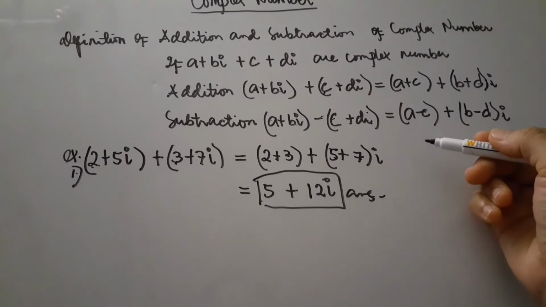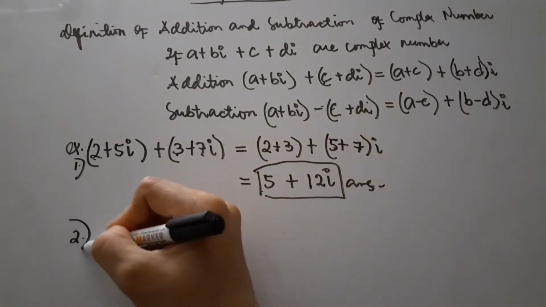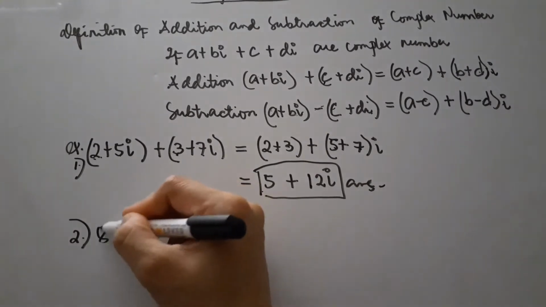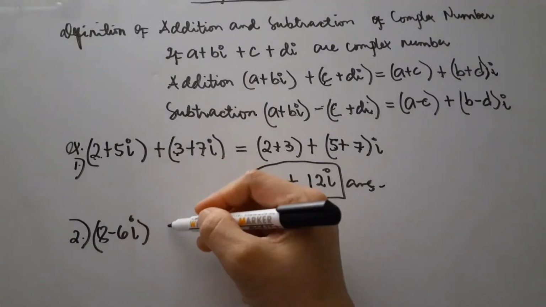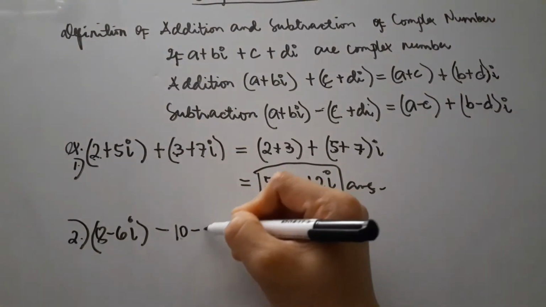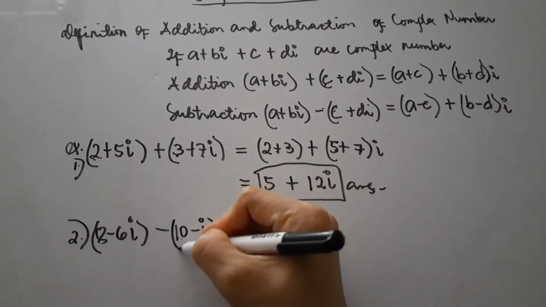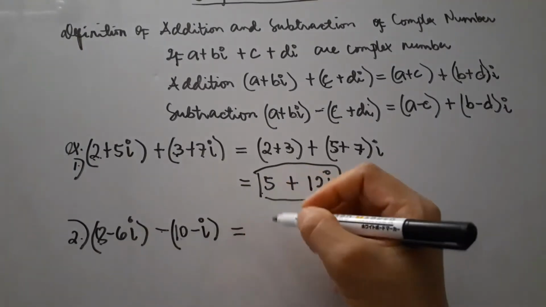And then let's have another example, number 2. We have 8 minus 6i, quantity, minus 10 minus i. Remember that the i here has a coefficient of 1.